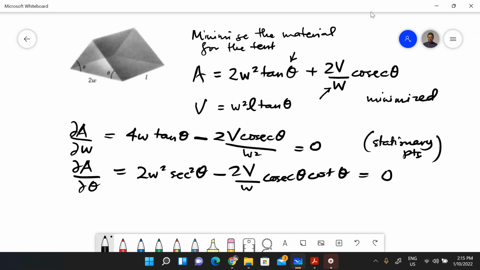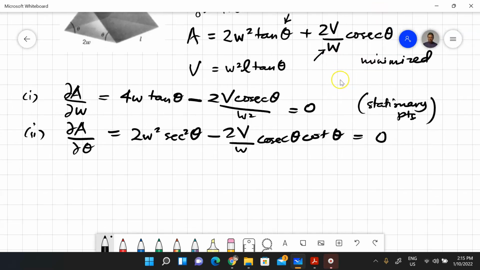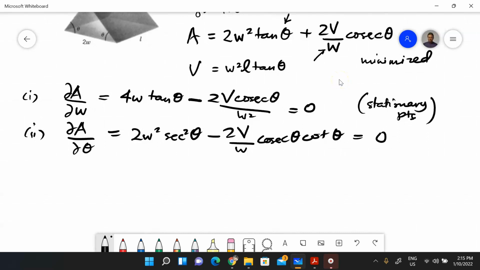Let's number the equations here, 1 and 2. From equation 1, one could do the algebraic manipulation to get W cubed equals 2V cosecant theta divided by 4 tangent theta.